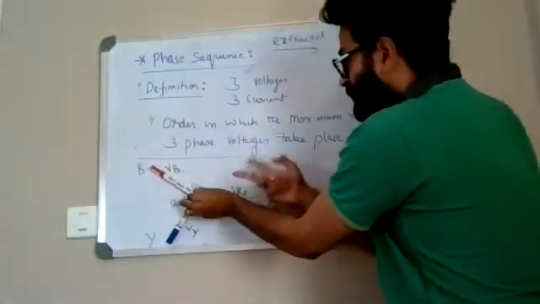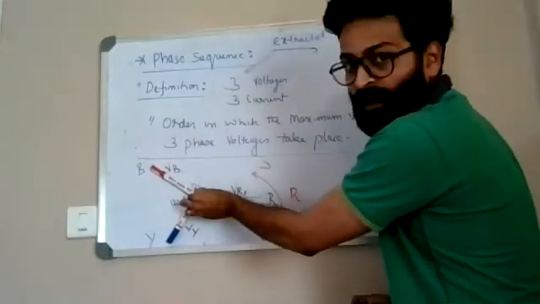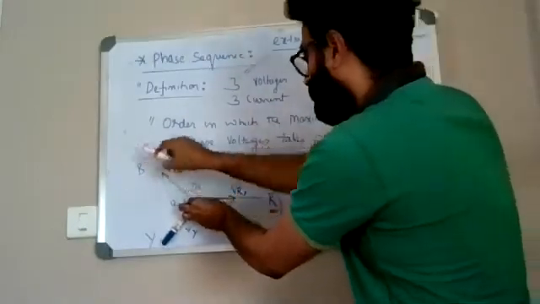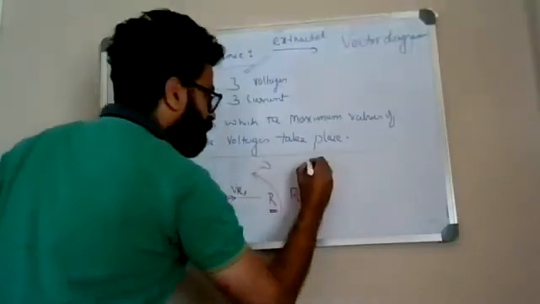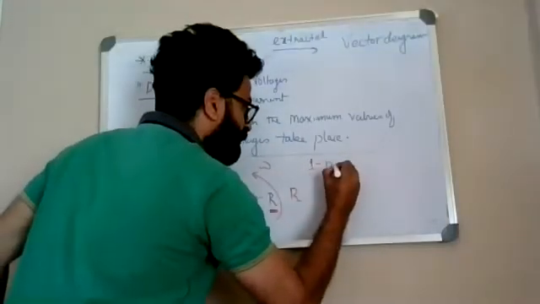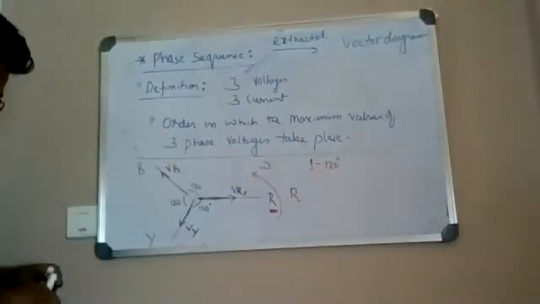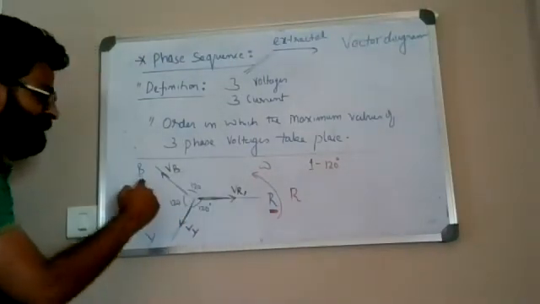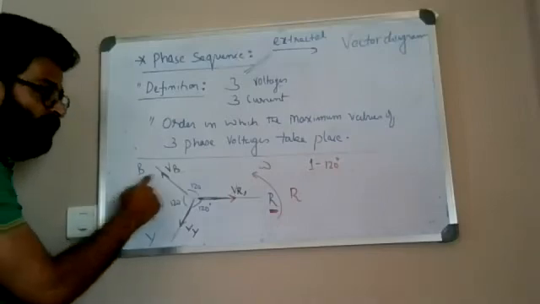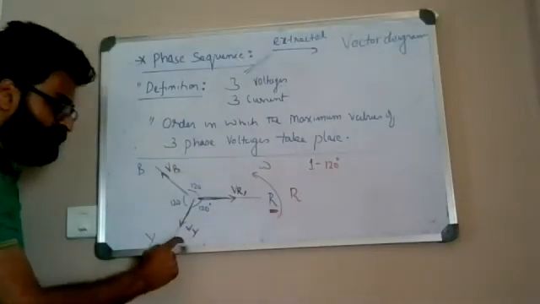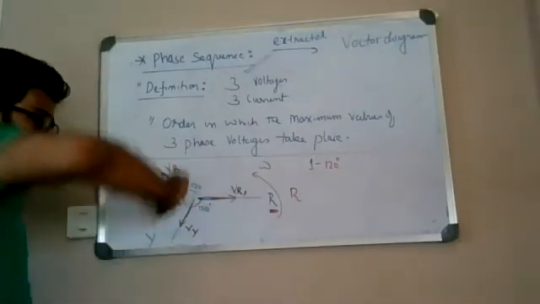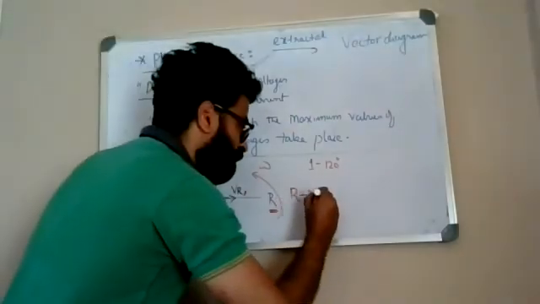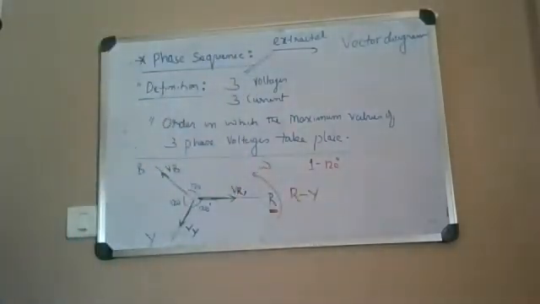That means to say the vectors are getting displaced by an angle of 120 degrees. So when you give first 120-degree rotation in anti-clockwise direction, R is going to move and sit in B place. So in place of R, which vector comes into picture? Y vector. So you write down the value.